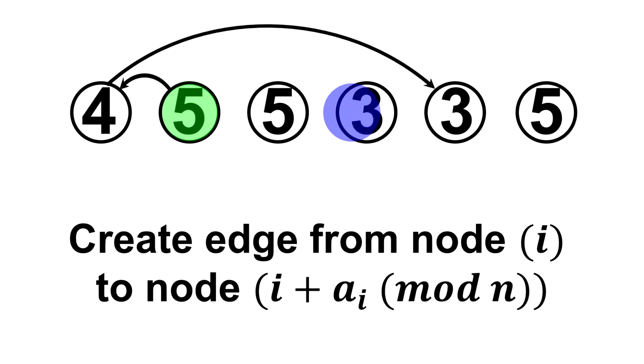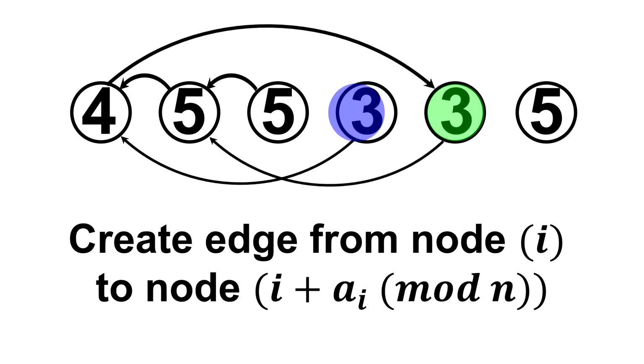Then, for the second node, we move 5 positions forward. If we go out of bounds, we start from the beginning. So we create an edge from the second node to the first node. Same for the third node. For the first and 5th nodes, we move 3 positions forward.